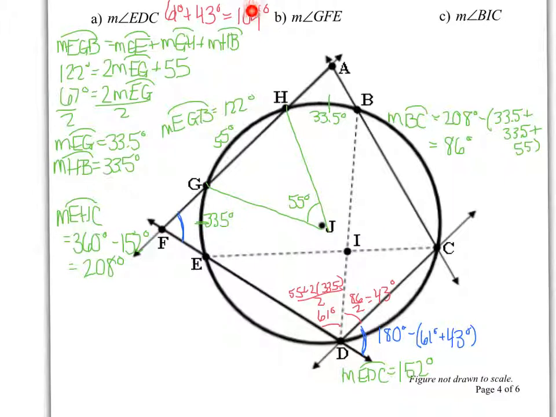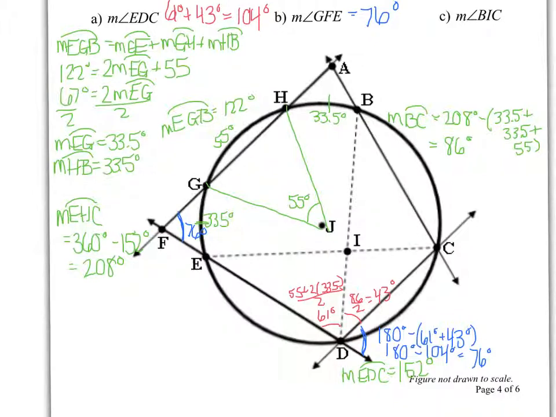That's what we found up here, which is 104 degrees. So 180 degrees minus 104 degrees, and what we have is 76 degrees. If this angle is 76 degrees, then this angle is also 76 degrees. And measure of angle GFE is going to be 76 degrees.